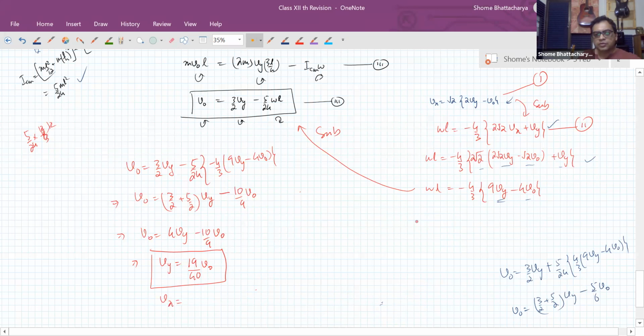So Vx will come out to be 2 root 2 into 19 by 40 minus root 2 into V naught. Okay. Or root 2 into 2 V naught. So 36.